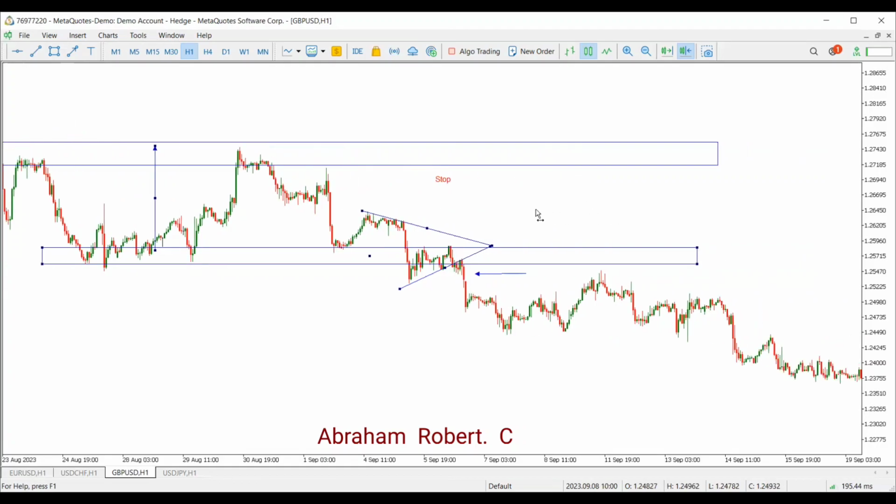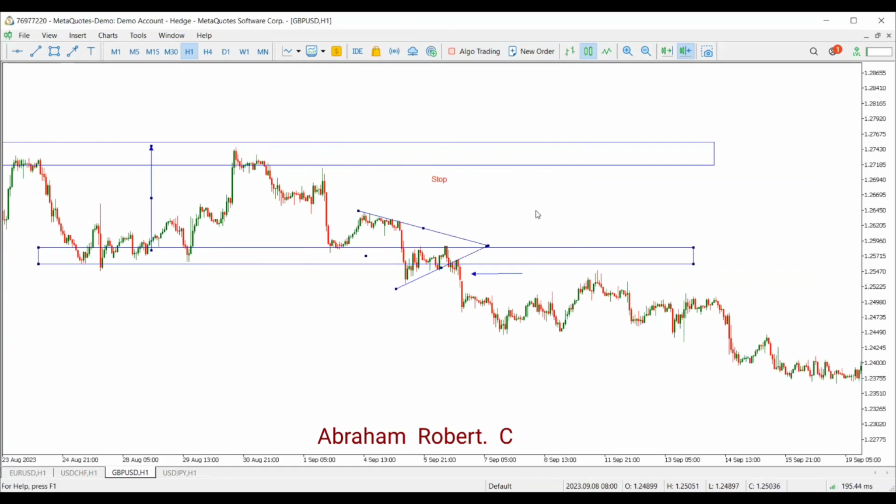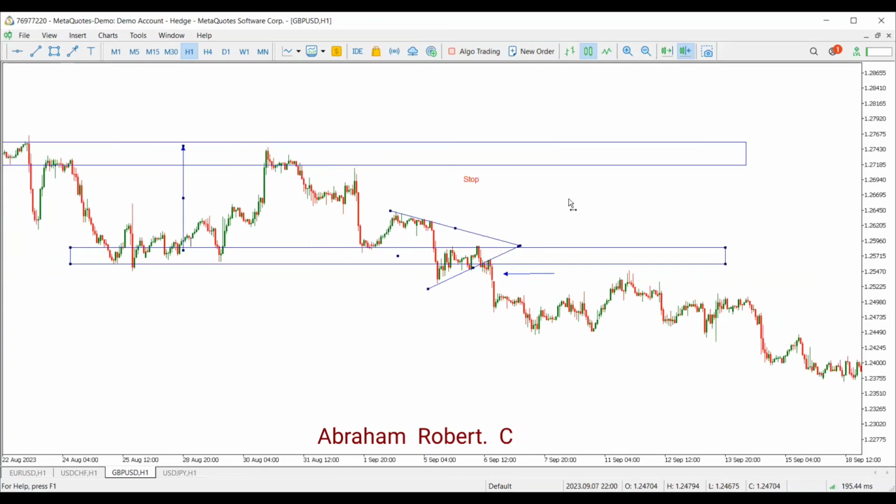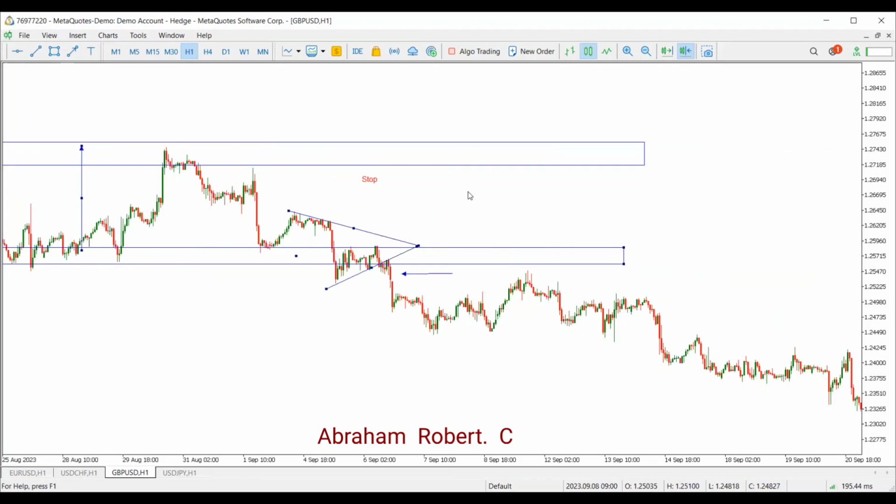Now, I always say target 1:2. 1:1.5 is good. 1:3 is also fair, but don't target more than that unless you are a position trader. You can target more than that. But if you are an intraday trader, 1:2, 1:3 is fair, because the market always gives you 1:1, 1:2, more than 1:3, 1:4.